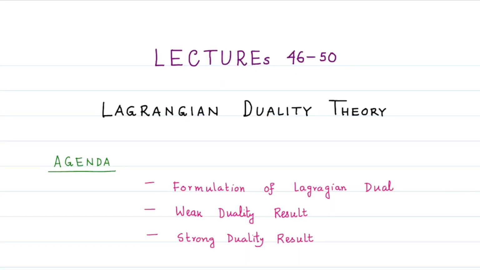Therefore, if it is easy to solve the dual problem, we go for solving it, and thereby we shall get a solution of the given original optimization problem. So in this lecture, we are going to discuss thoroughly the topic of the Lagrange duality theory for constraint optimization problems. Let's start.